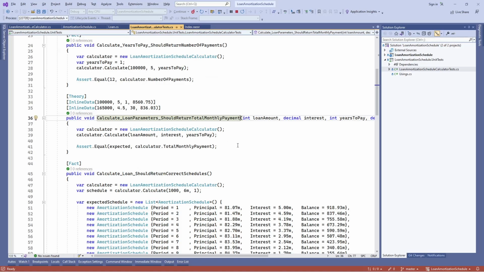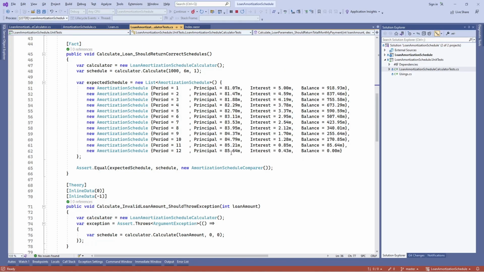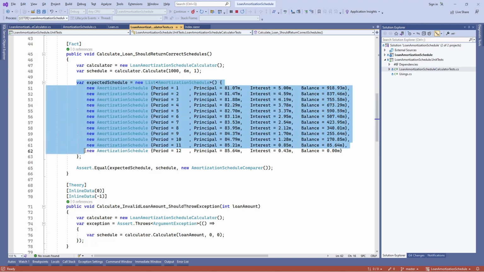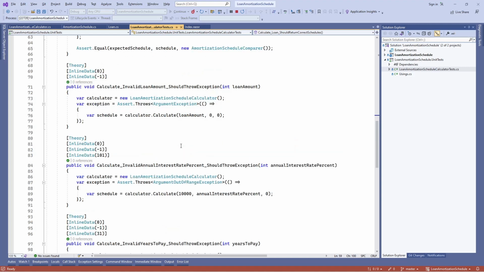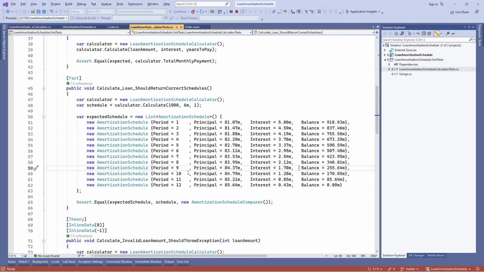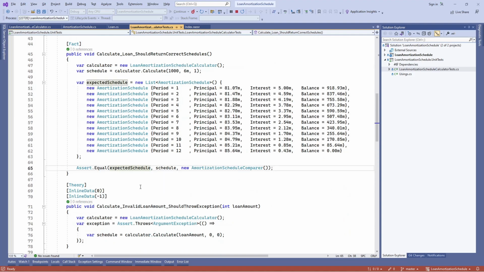All right, and so another one is this one. This one is more of the actual schedule that has been generated. So we have this expected value of our generated table, and then we compare that against our actual return value of schedules from our calculator.